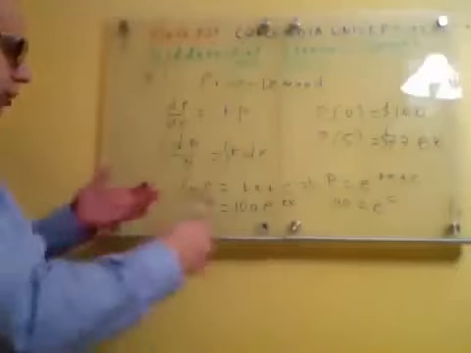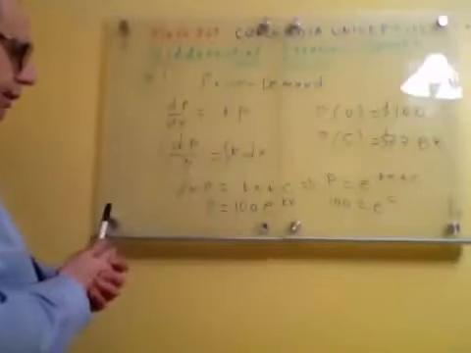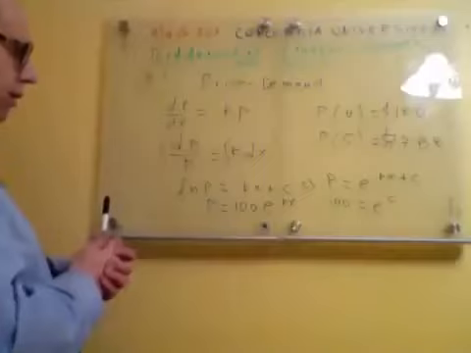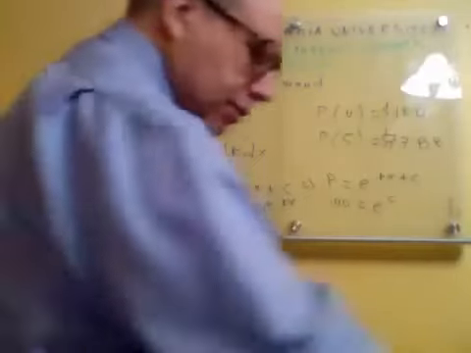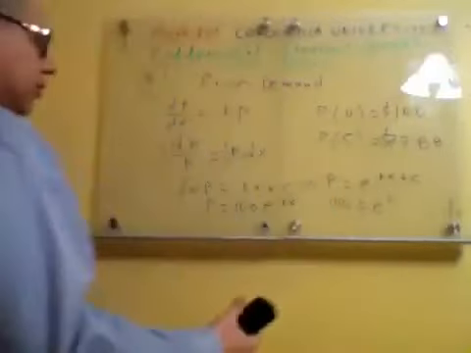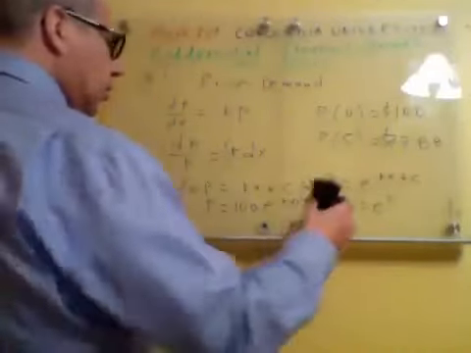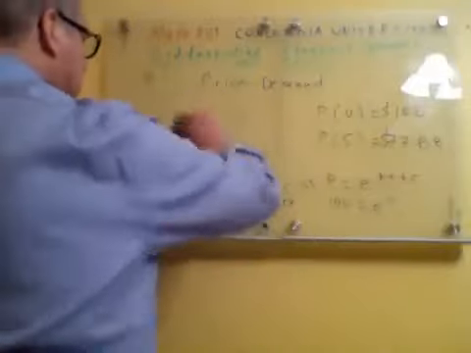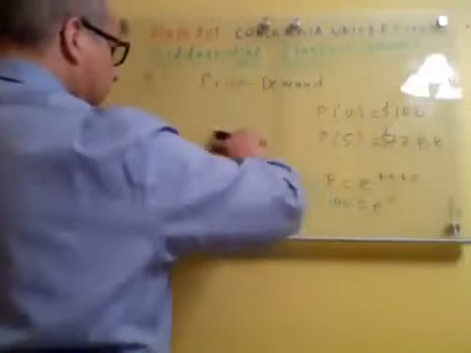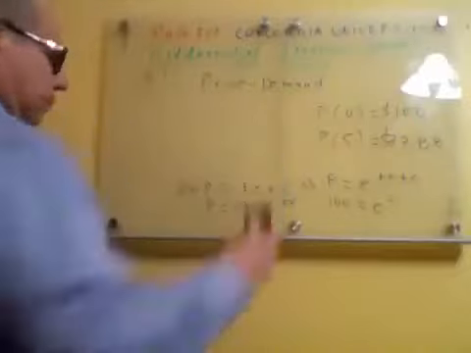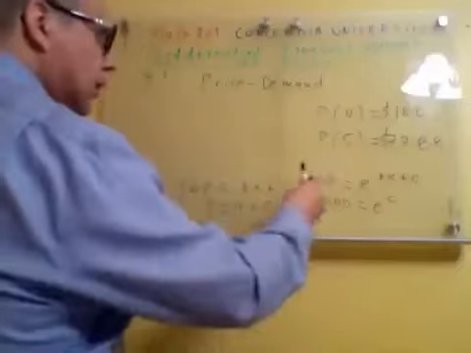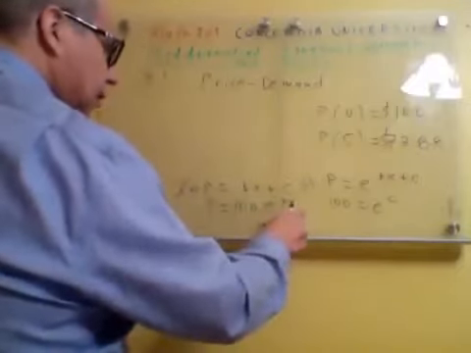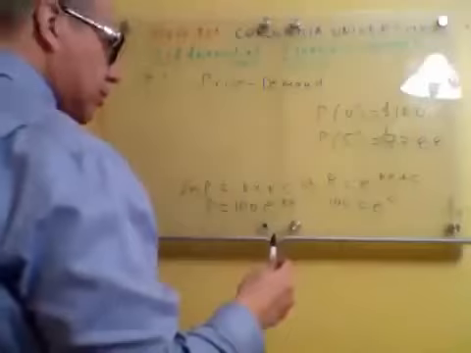Now what we're missing from the price demand equation is the k. We have to find how much this k is, so that's why they give us one more equation here. So we know now that at x equal to 5, p is equal with 77.88.